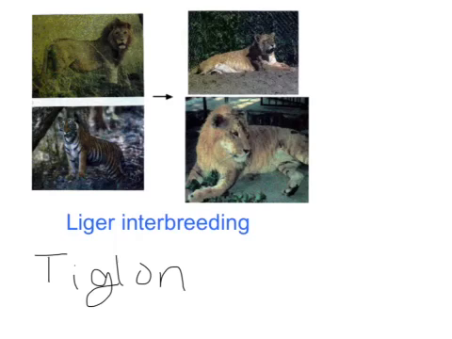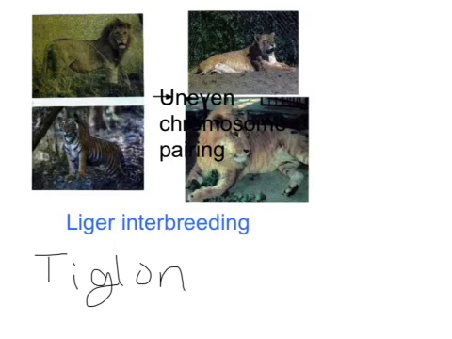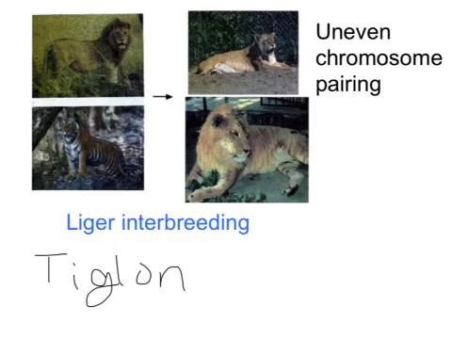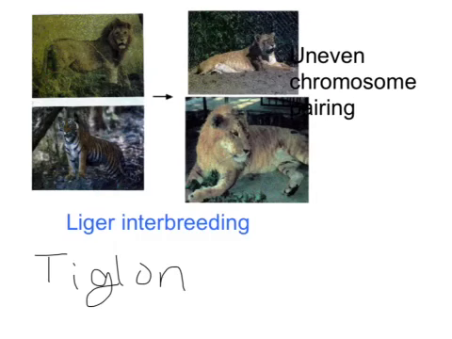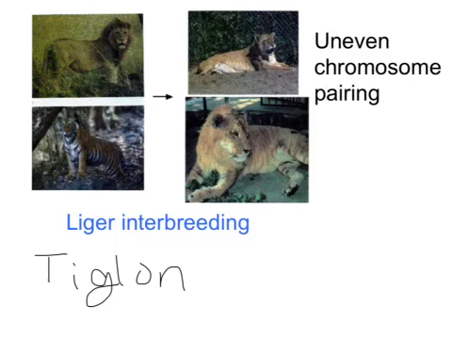And so what happens here usually, and why the majority of these hybrids are sterile, is that there is an uneven chromosome pairing. So these will be sterile due to this uneven chromosome pairing, which will usually happen during meiosis, during the metaphase 1 of meiosis.